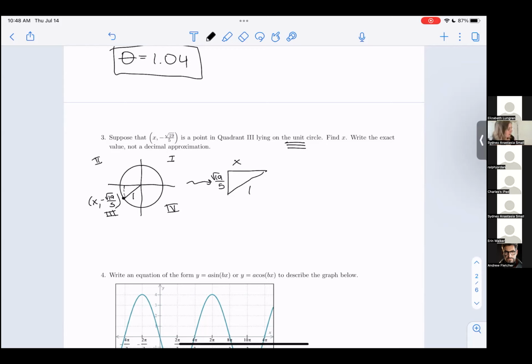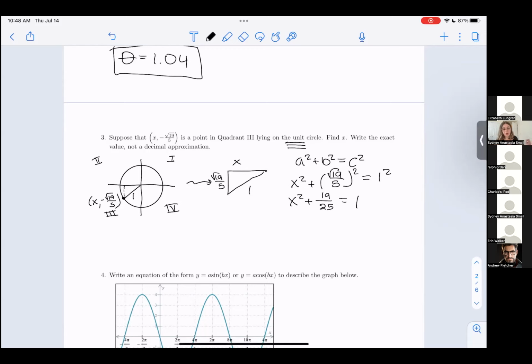That means we can apply the Pythagorean theorem, just a squared plus b squared, the 2 smaller sides, is equal to the hypotenuse squared. So we don't know what x is, so we'll leave x squared alone, that's our unknown. And then plus, we need to take square root of 19 over 5 squared equals our radius squared, so just 1 squared. Squaring both of those things, we get x squared plus 19 over 25, just squaring the numerator and the denominator, equals 1.